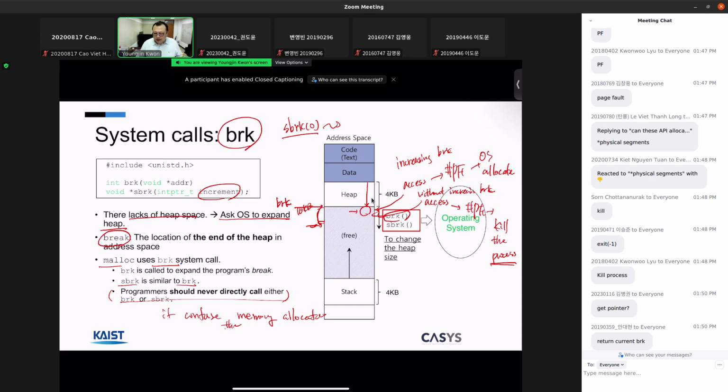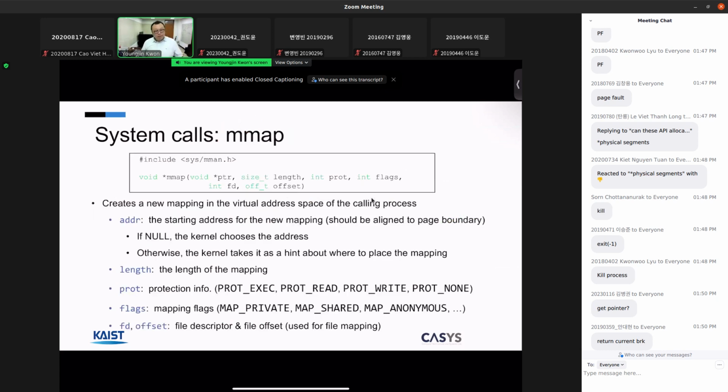It gets the current BRK. To get the location, SBRK(0) returns the current BRK location. Sometimes you use it.